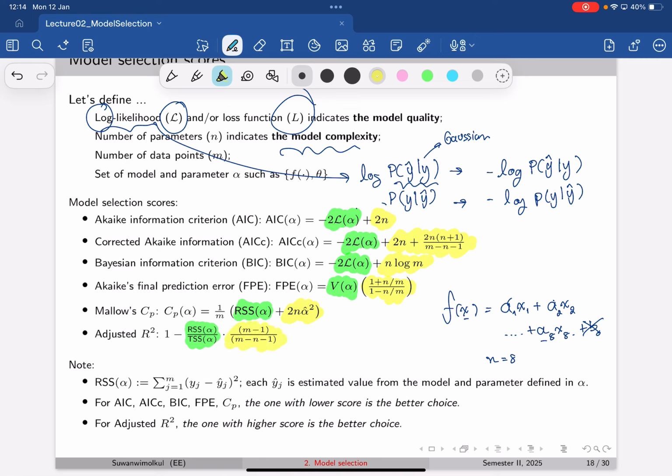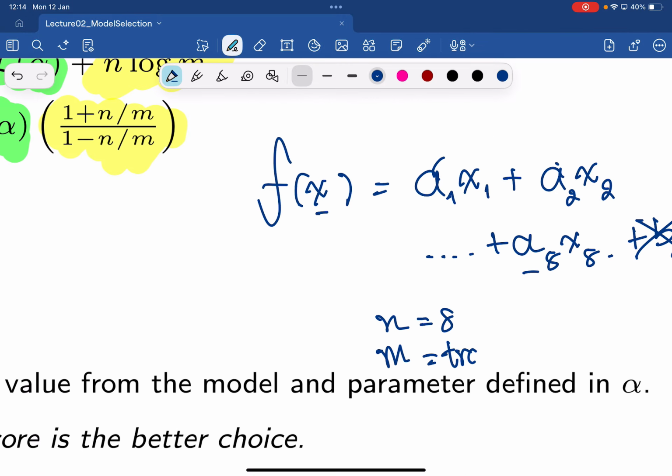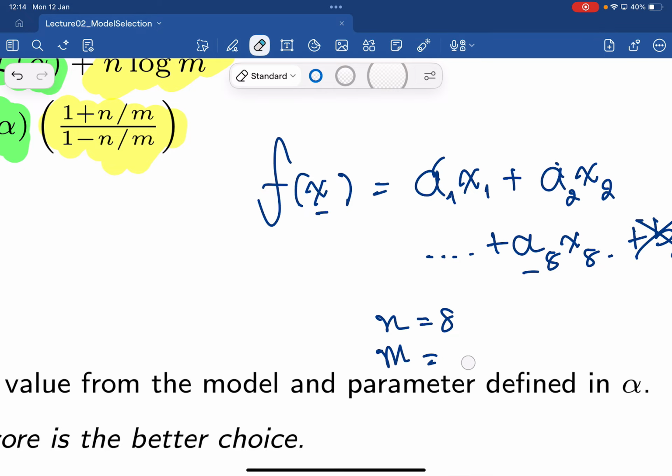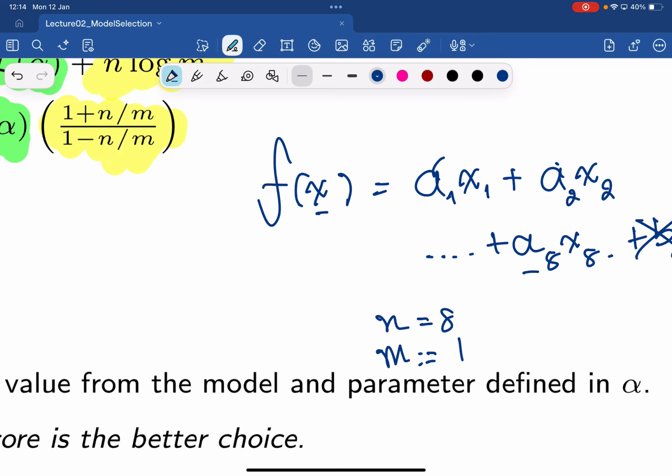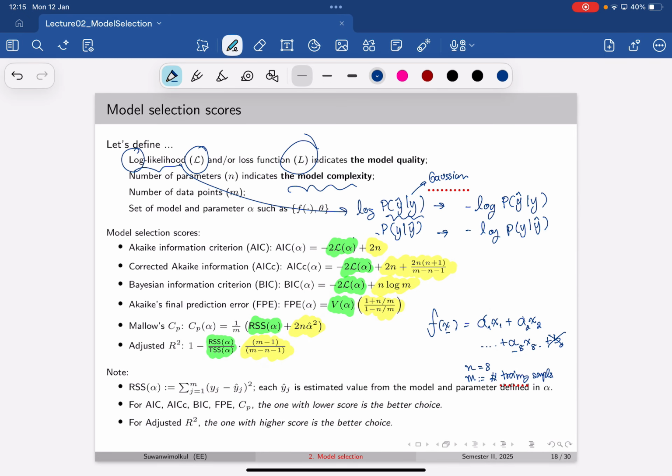N is the number of parameters, and M is the number of your training samples. Normally you will use this one if the number of training samples that you have is low.